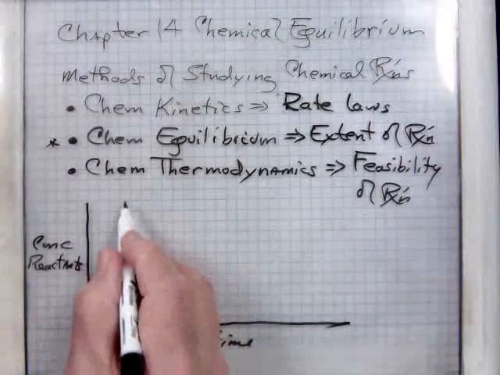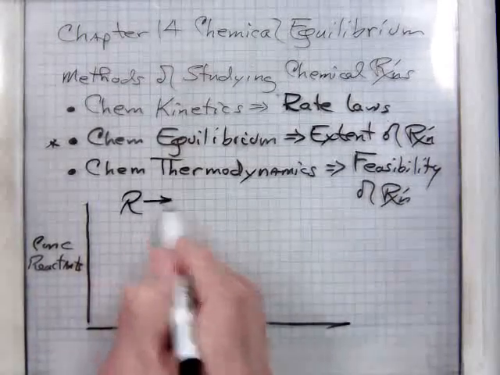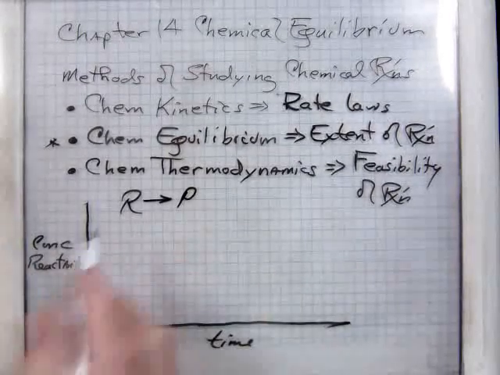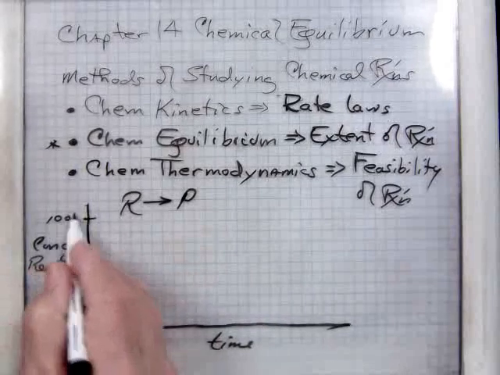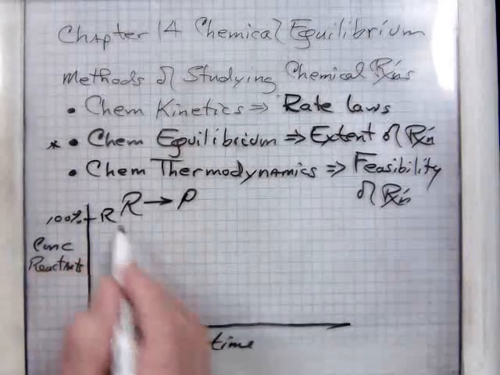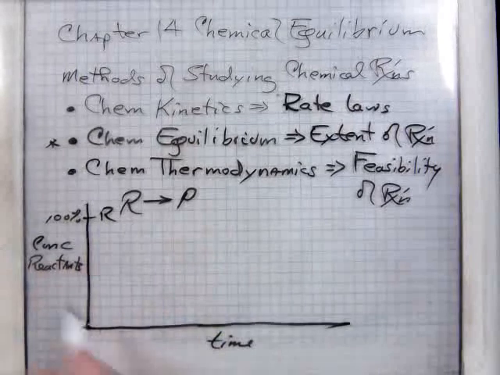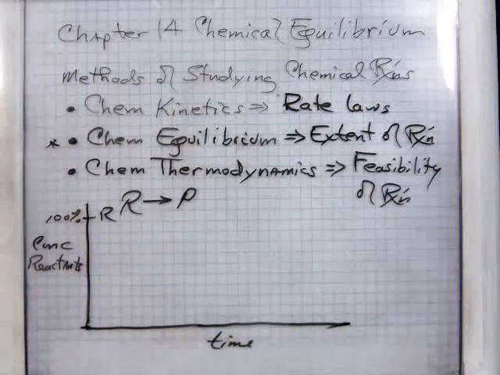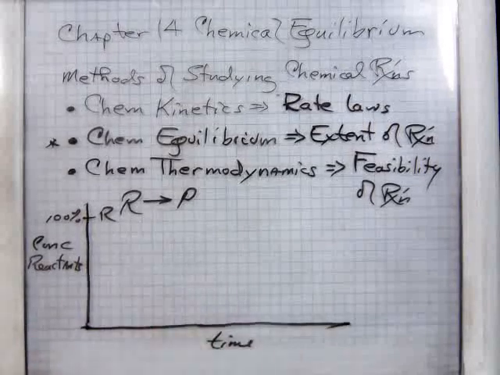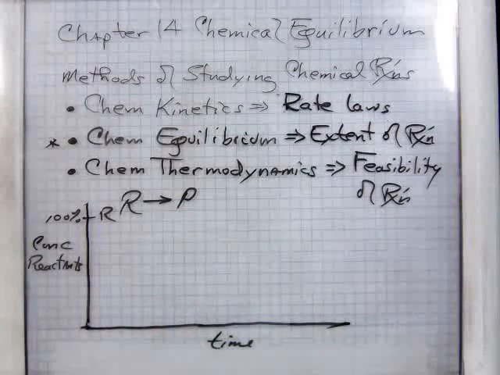Where we have reactants going to products, we start out with 100% reactants, and we go to a certain amount of product. Well, before the reaction starts, how much product is generated? None. Think about it for a second, it's a logical deduction.